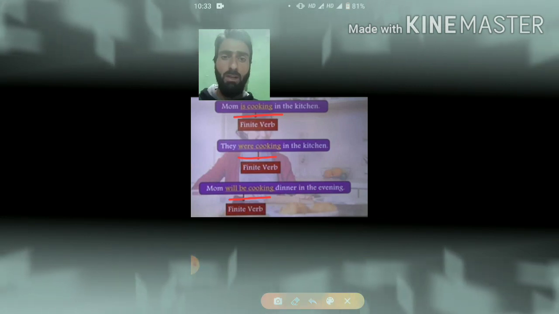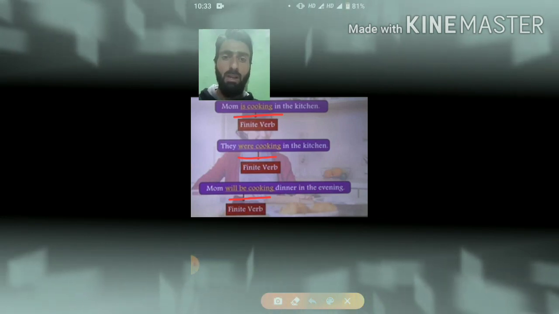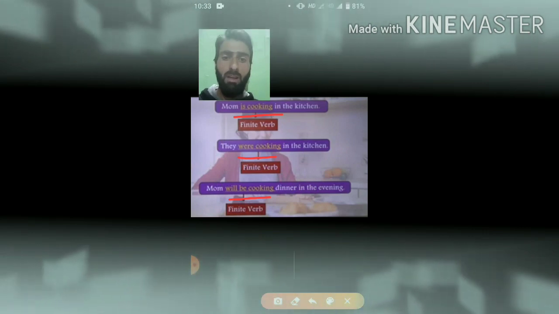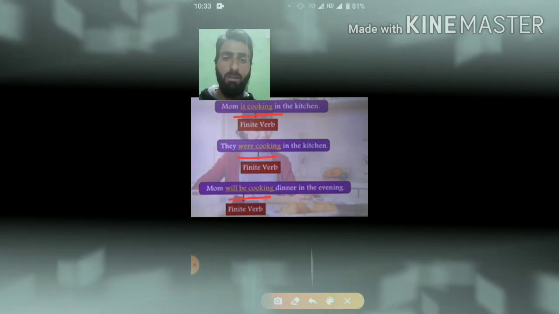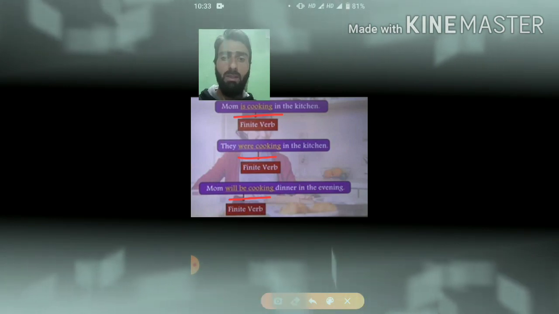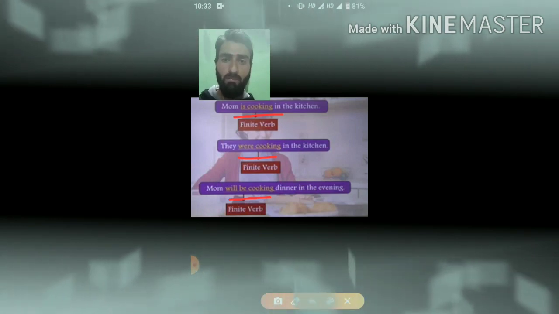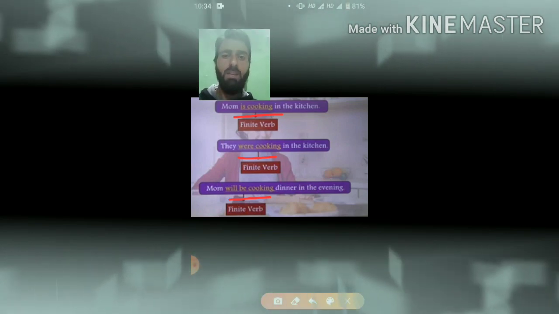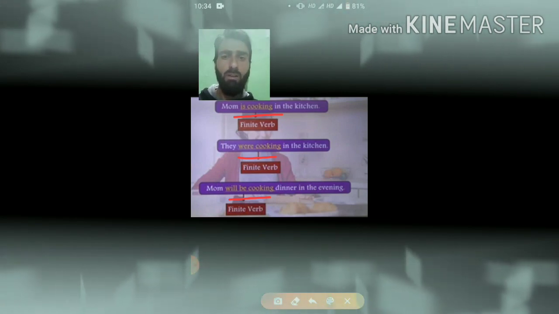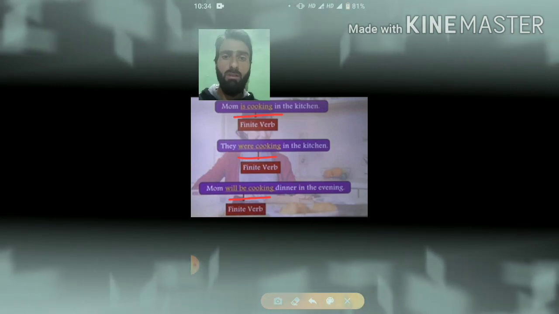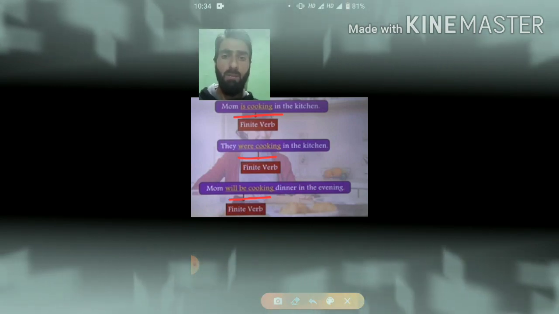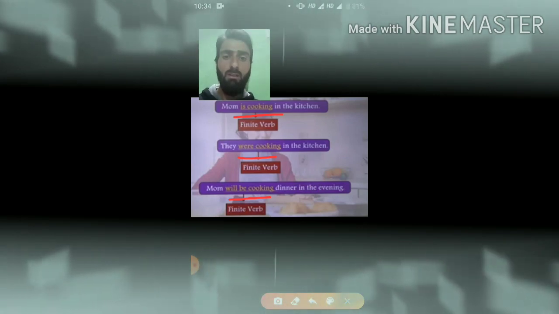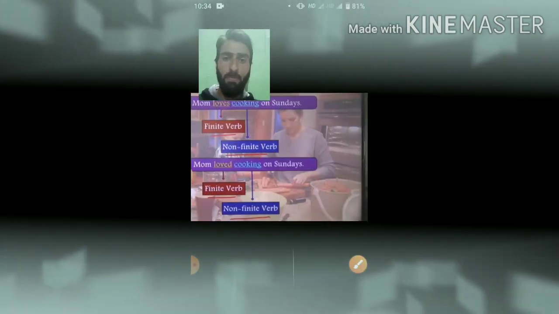Here it shows that the action is in progress, and this sentence shows that the action was in progress in the past, and here it shows the action will be in progress in the future. And in all these three sentences, the verb cooking has come just after the helping verbs is, were, will be, and these are called finite verbs.